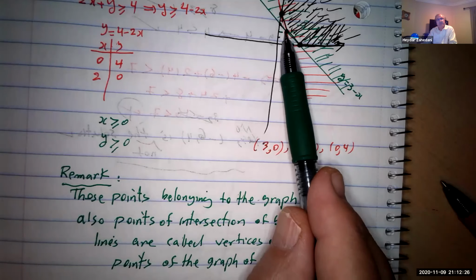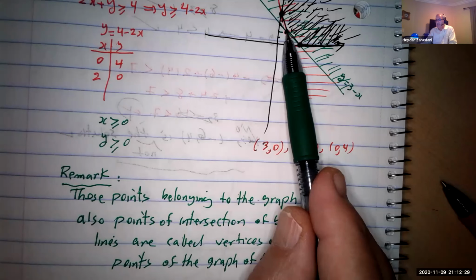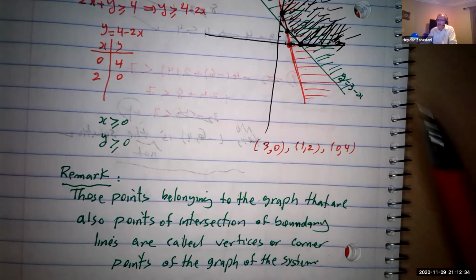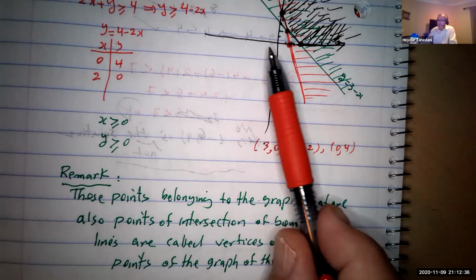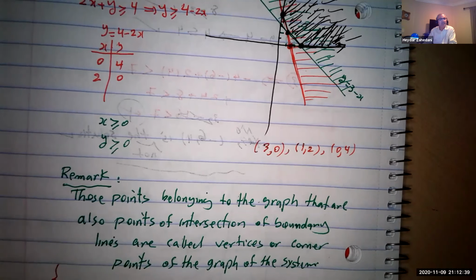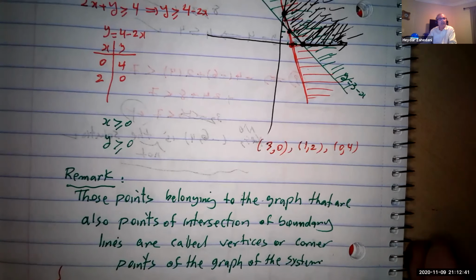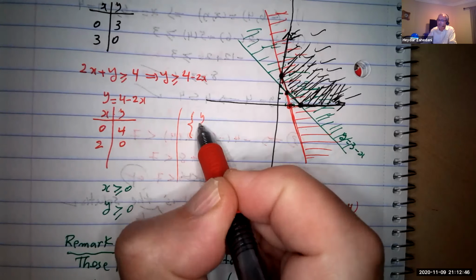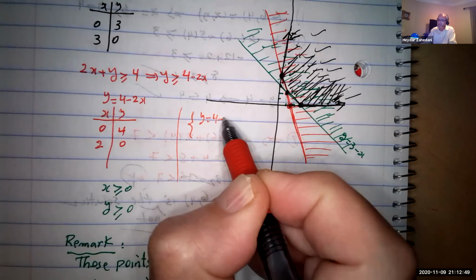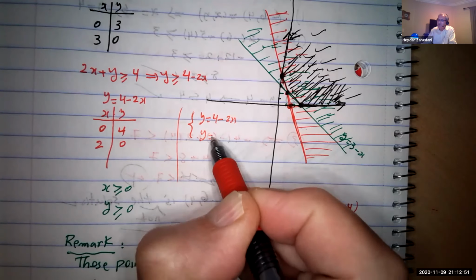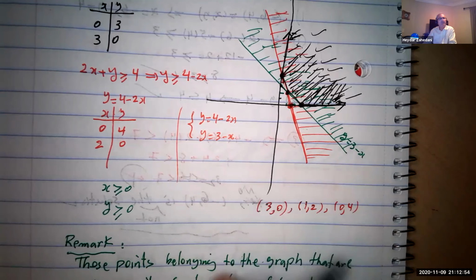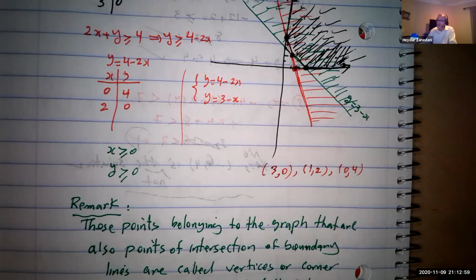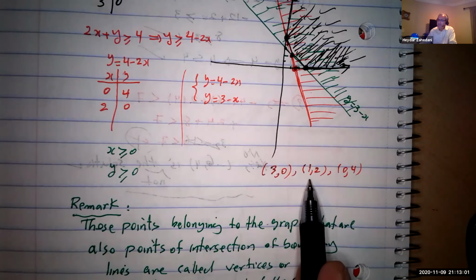As we move on, we go to this point over here. You see this point is the intersection of the green and this red one. In fact, if you want to find it, if we intersect y equal to 4 minus 2x with y equal to 3 minus x, you are going to get that intersection that I put over here.